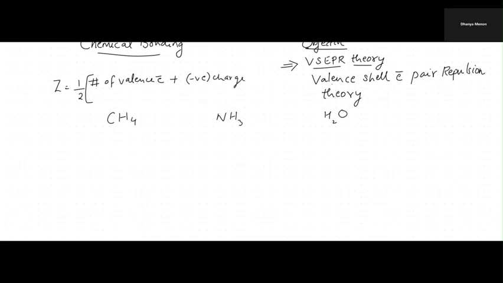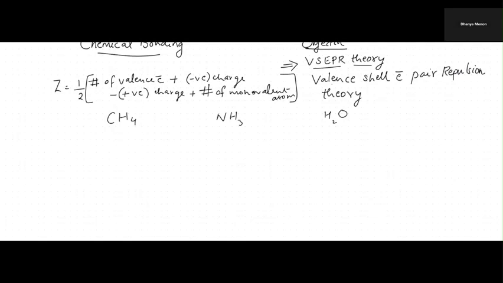If there is a positive charge present, we reduce it, we minus it, plus the number of monovalent atoms, like hydrogen, fluorine, chlorine, etc. This is how we calculate the value of Z. If we know the value of Z, we know the hybridization.